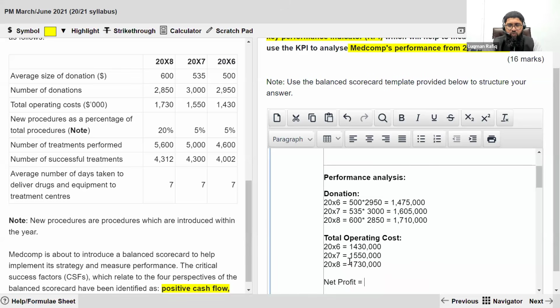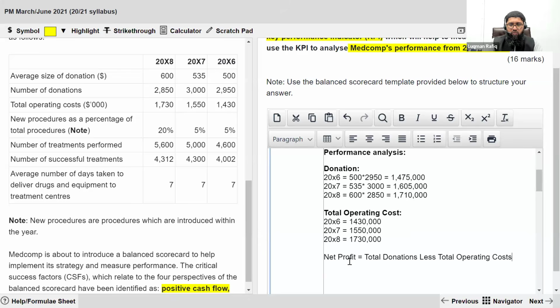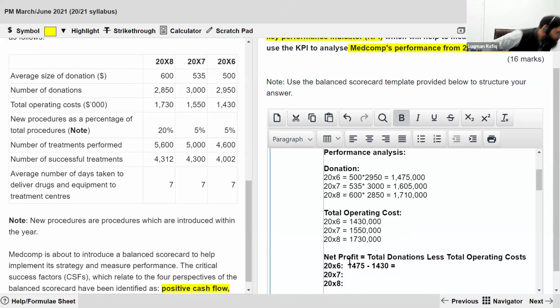So your net profit is going to be total donations less total operating cost for 2000x6, 2000x7, 2000x8. 1475 less 1430 is equivalent to 45,000.